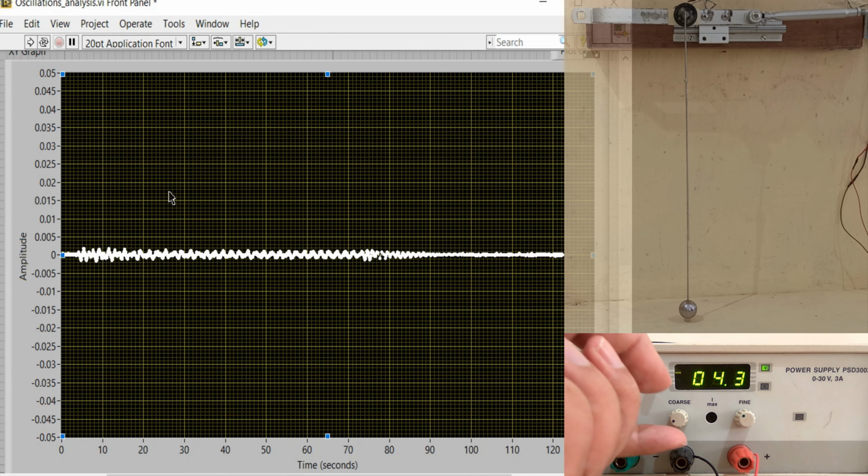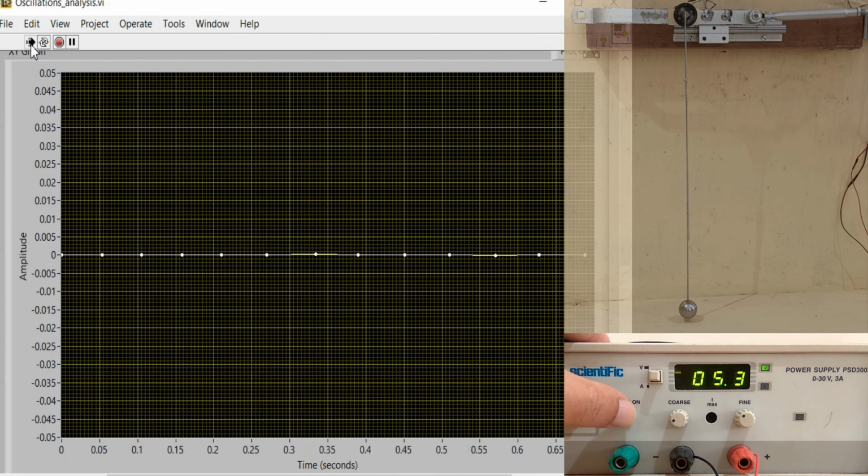Now we set the voltage higher, let us say about 5.2. So it is 5.2. Now we run the program and start the driver.